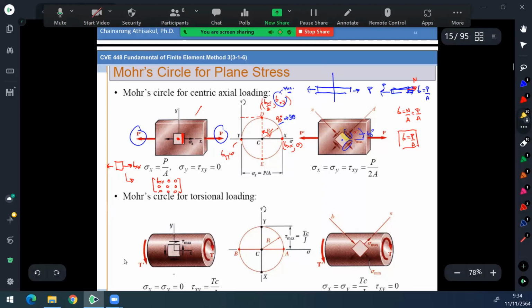It becomes this plane. Okay, these two planes are subject to normal stress and shear stress. So then this plane is not the principal plane. This is the principal plane. The X plane is the principal plane. Okay. So according to this, we have the maximum shear along this plane.